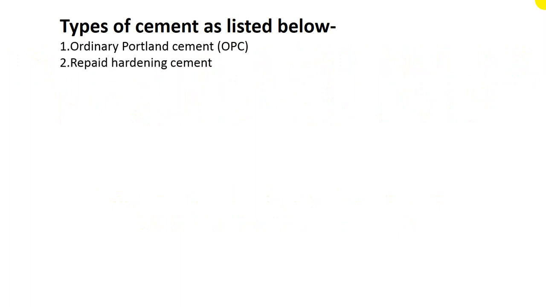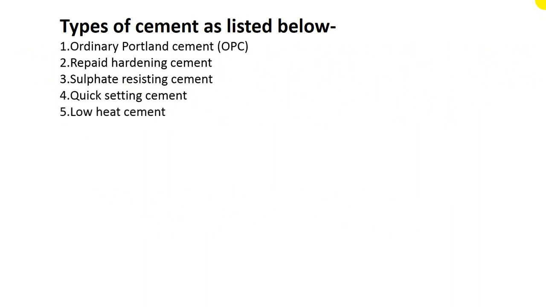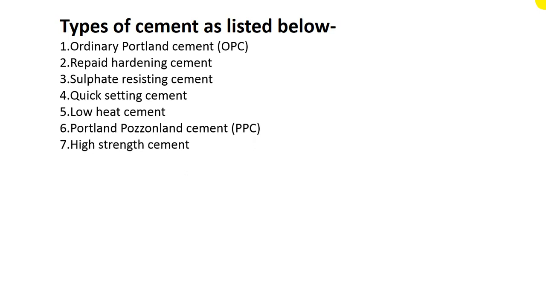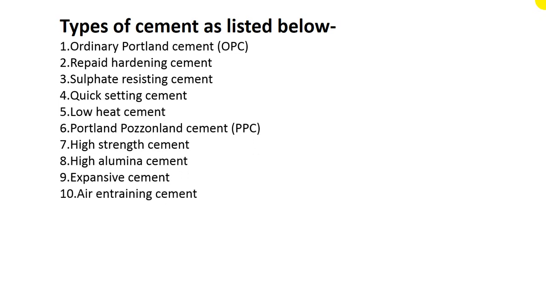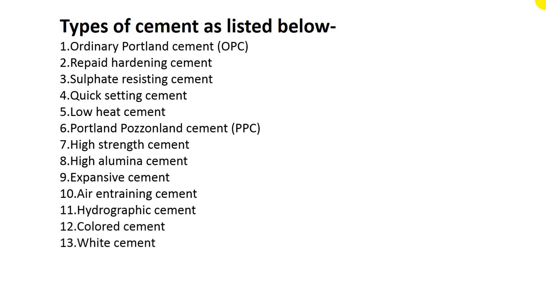And then rapid hardening cement, then sulfate resisting cement, then quick setting cement, after that low heat cement, after that Portland pozzolana cement, PPC, and OPC, and after that high strength cement, then high alumina cement, then expansive cement, and after that air entraining cement, then hydrophobic cement, colored cement, and white cement.